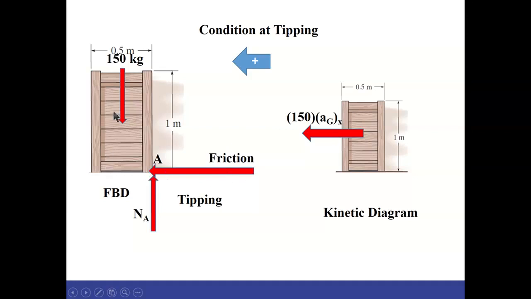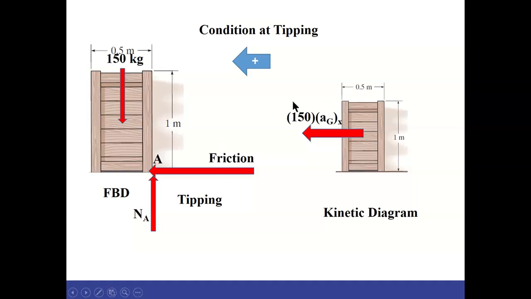If you apply the sum of forces in the y direction, it won't help us because there is no acceleration in the y direction. If you look at the third equation, the sum of moments about the mass center, that is 0, again we don't get this acceleration. So we need to apply the equation of moments about an arbitrary point A.